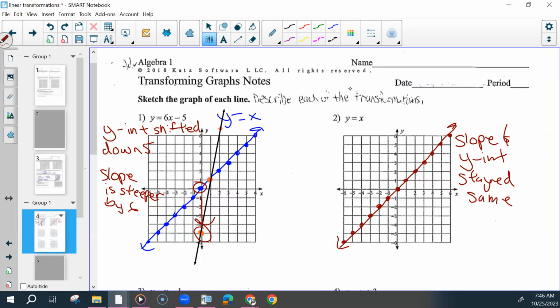You won't get a question like this, but if it was a question with a graph, you would graph the new function. You don't have to graph the original and then write in the description. It would say, like this one says, sketch the graph and describe.